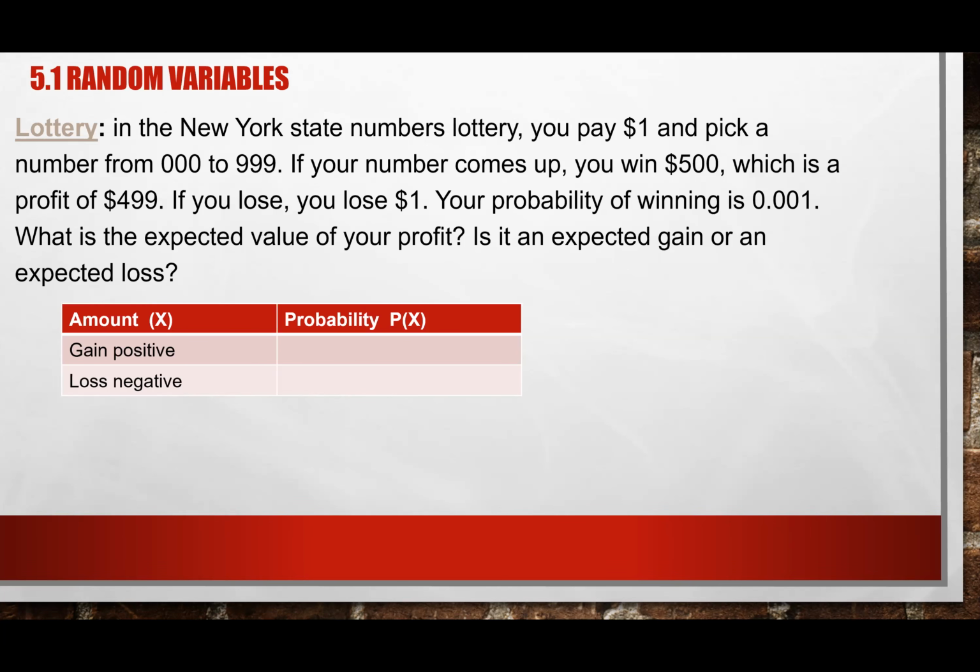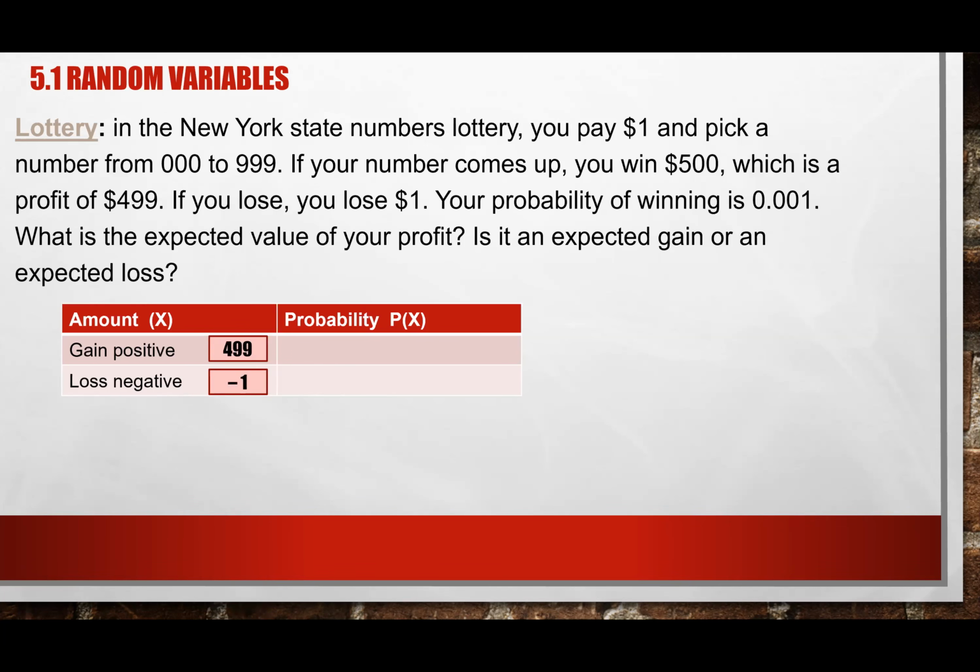One thing I want to point out is, remember, the gain is your profit. I agree you win 500, but because you invested $1, your investment has to be deducted from your winning. So the net gain, or the profit, is only $4.99, not 500, because originally your dollar is yours.